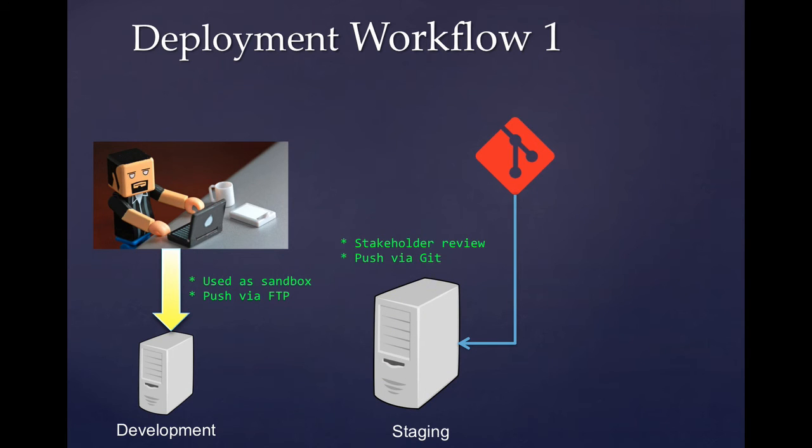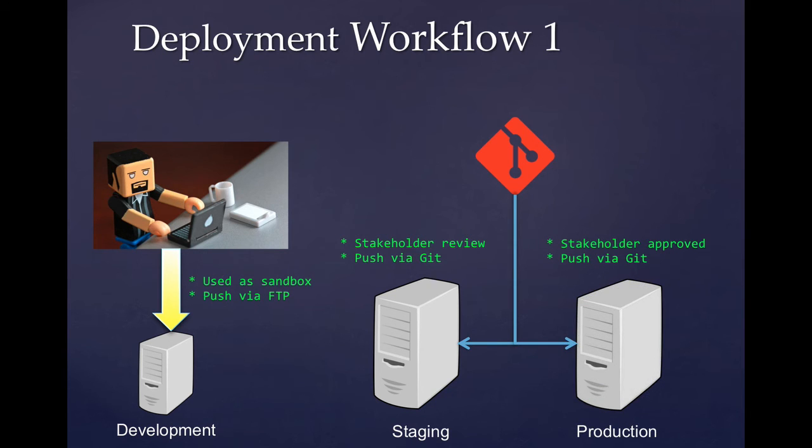So once they push to the staging environment via Git, they're going to inform the stakeholder team, whether that be project managers or external reviewers. So the dev team is going to alert the QA or the project management team. So once stakeholder approval has been verified and has been given, then the development team goes ahead and pushes to the production environment via Git again.